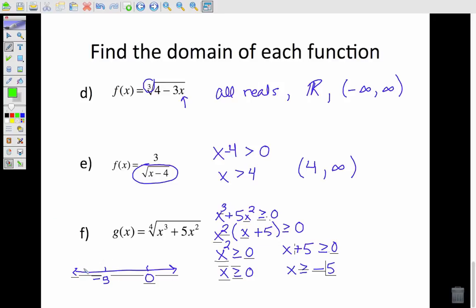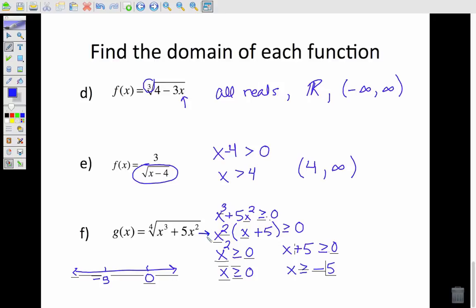You decide, all right, what if I pick a number that is less than negative 5? So you pick a number over here in this region. Let's say negative 6. Okay? If you put negative 6 in, what are we going to get for our result?